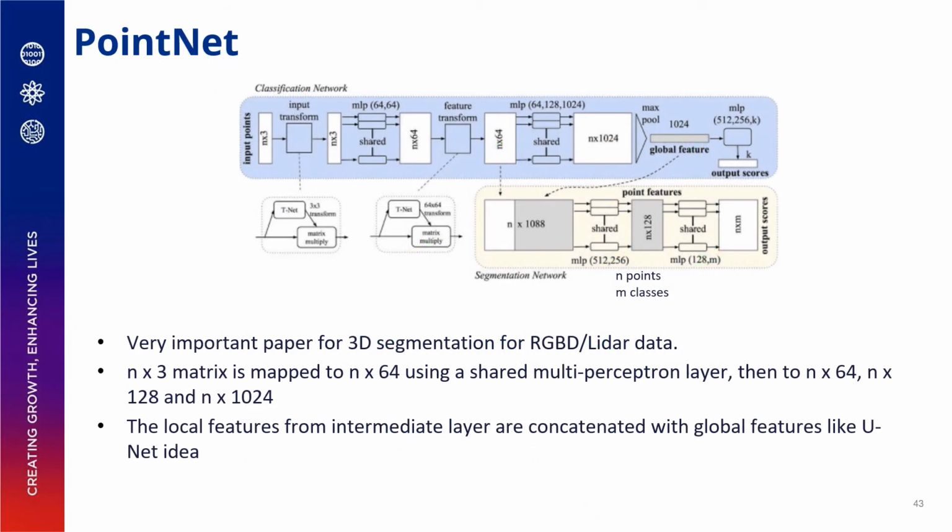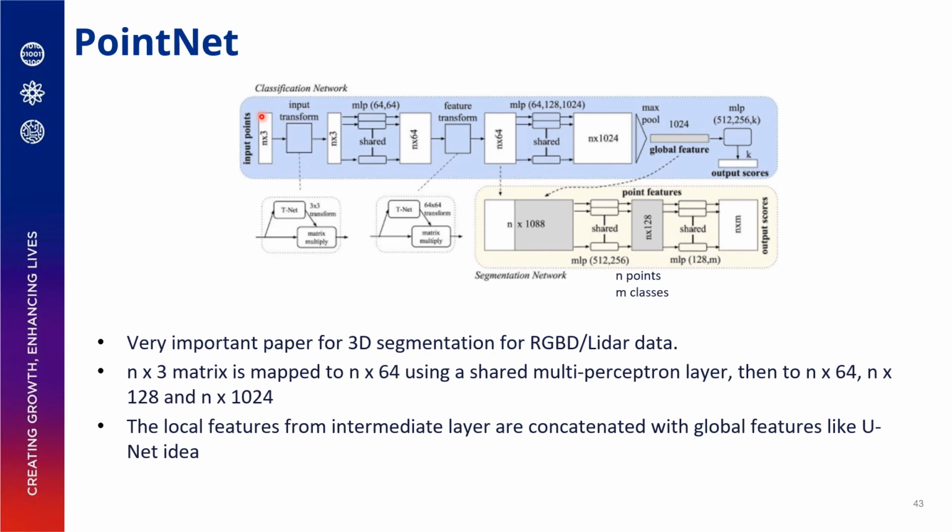Now, another network I would like to discuss is the PointNet network. One of its variants is widely used for 3D segmentation on RGBD or LiDAR data. Conceptually similar to the other segmentation networks, there's a lot of data sharing. You go from an n by 3 matrix because you're only looking at the XYZ component.